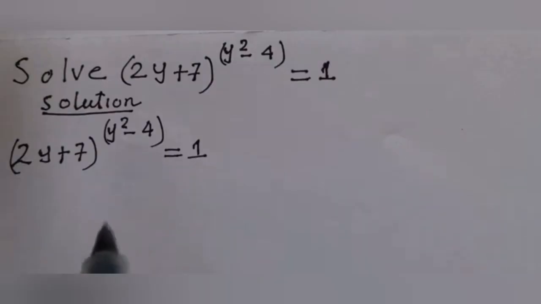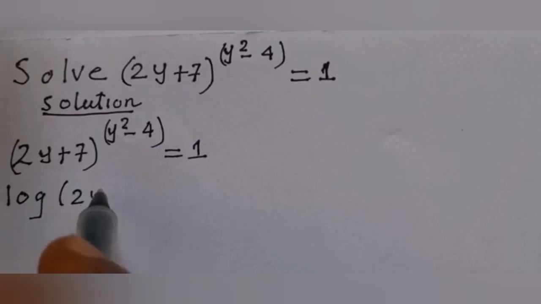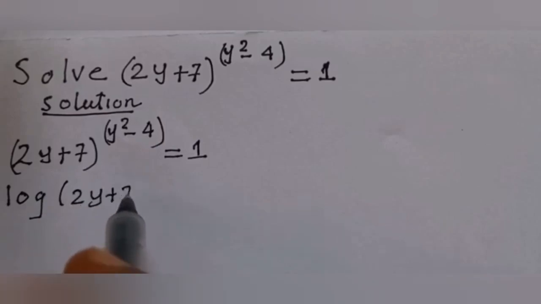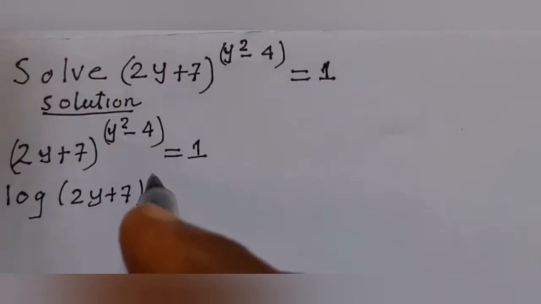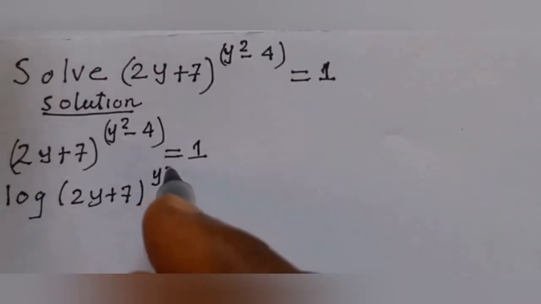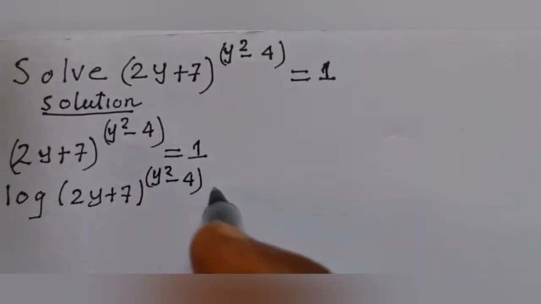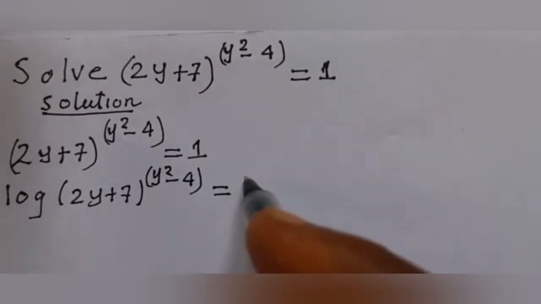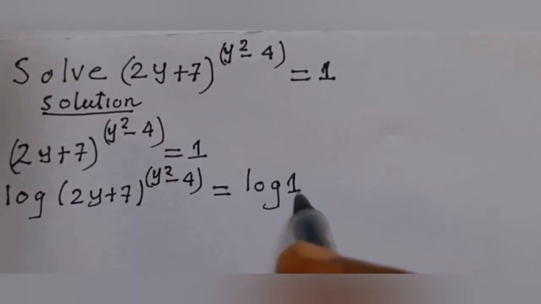So applying log to both sides, we have log of 2y plus 7 in the bracket raised to the power y squared minus 4 in the bracket equals log 1.